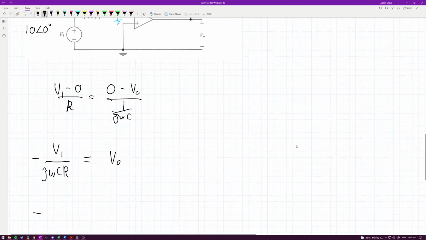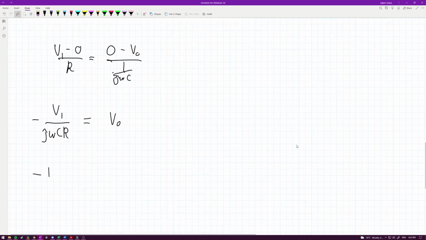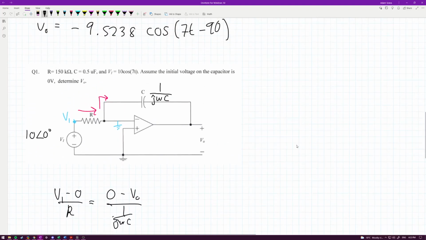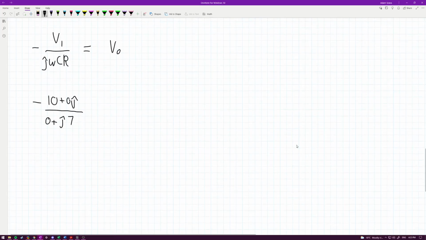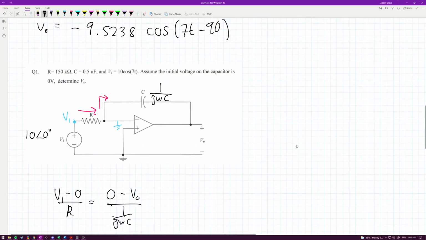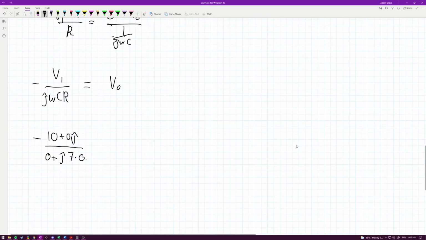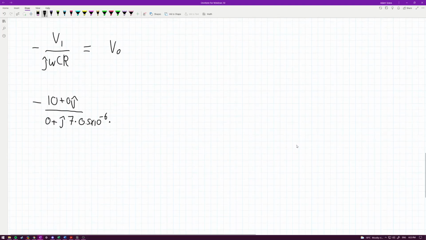10 at an angle of 0 is just 10 plus 0j. And then that's over j, or I'll say 0 plus j, and then omega CR. Omega is 7 times C, which is 0.5 times 10 to the negative 6, times R, which is 150 times 10 to the 3.